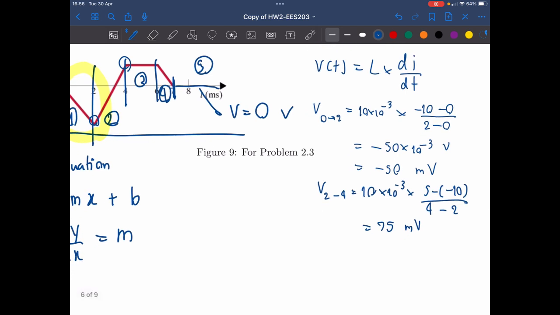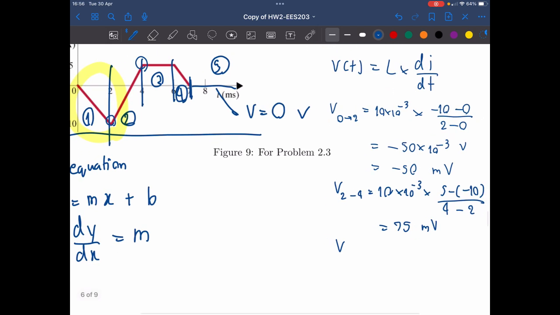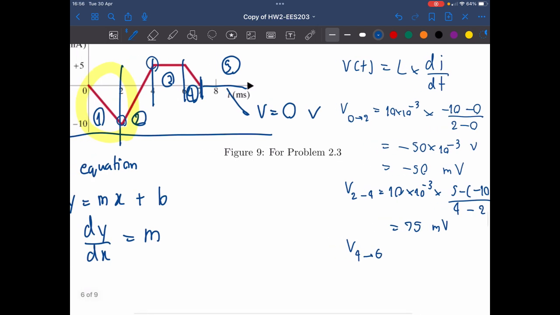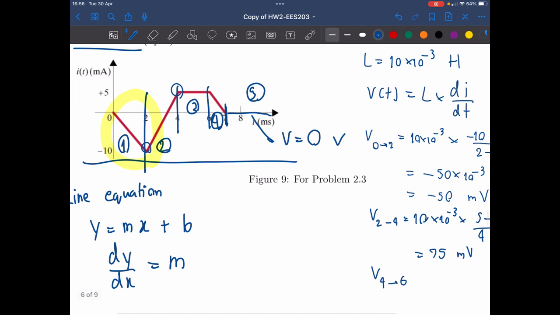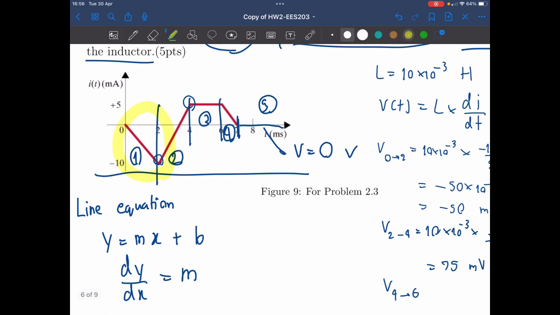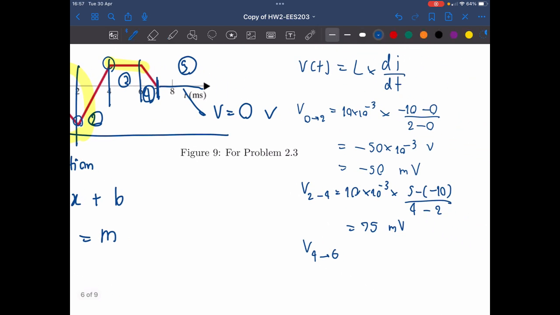And the case for the third part, 4 to 6, you could actually see that the change of the current here is constant. So we could assume that it is equal to 0 automatically.